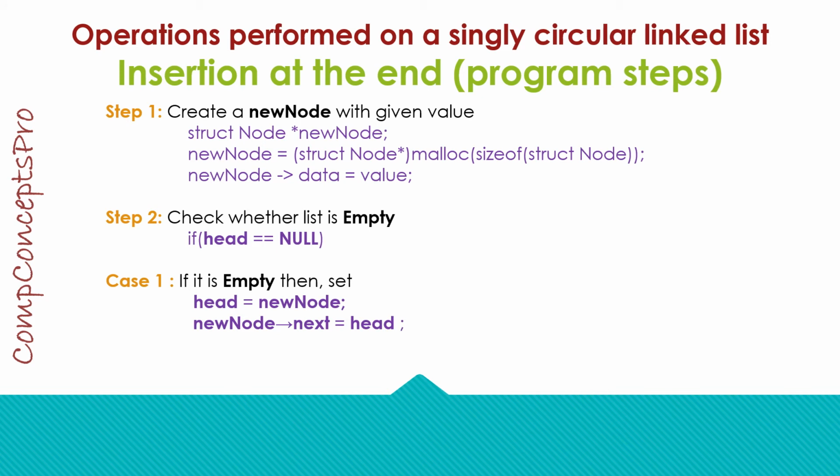Now these are the C++ program steps for insertion at the end. So initial steps are exactly same as insertion in the beginning. Like first we'll create a node and check for the availability of nodes in the list. If it is empty, this node will be the first node and hence we'll store its address in head pointer.